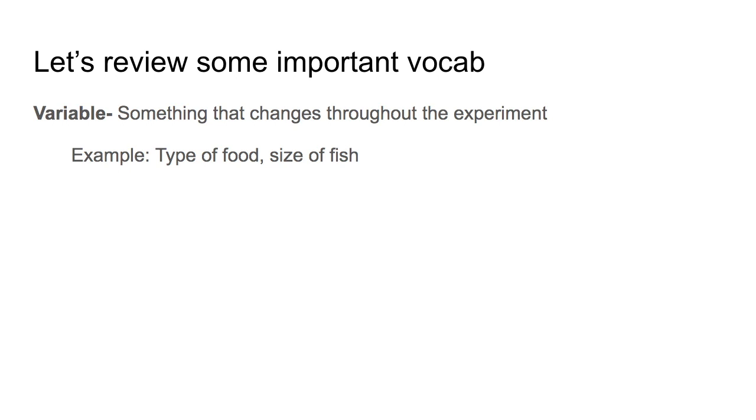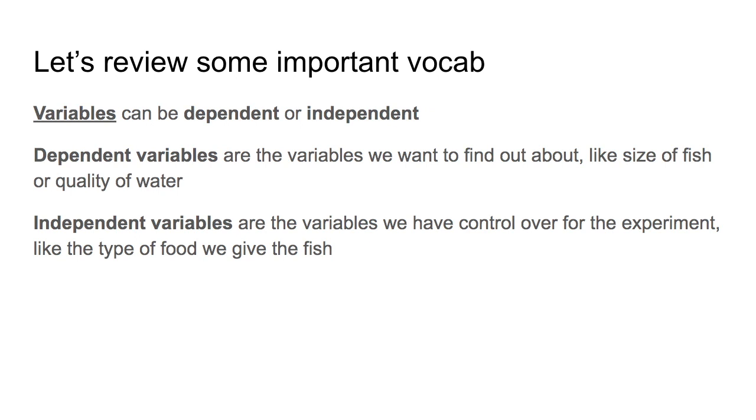So let's review some important vocab. A variable is something that changes throughout the experiment, like type of food or size of fish. And variables can be dependent or independent. A dependent variable is a variable that you want to find out about, like the size of the fish or the quality of water.